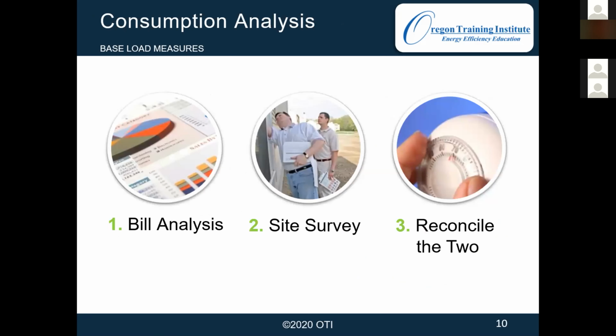So what we're going to do is, preferably before we do the audit, get a hold of a year's worth of their utility bills. That way we can calculate their base load from their seasonal to help us focus our audit when we go out to the house.